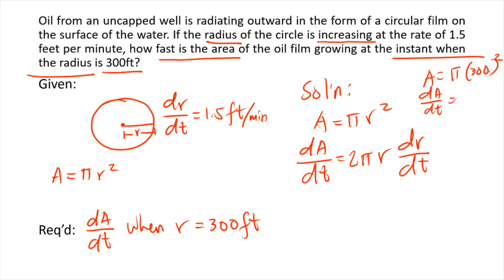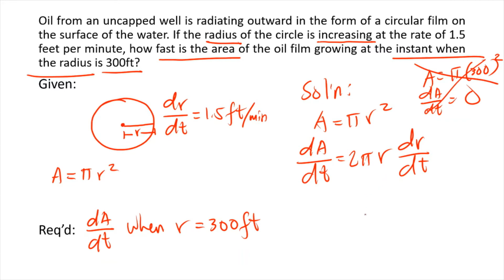The right side of the equation becomes 0. And it does not make sense for the problem because we know that the area is increasing over time. Therefore, there is a change. If the value is 0, meaning there's no change at all, right? And it does not make sense for the problem.